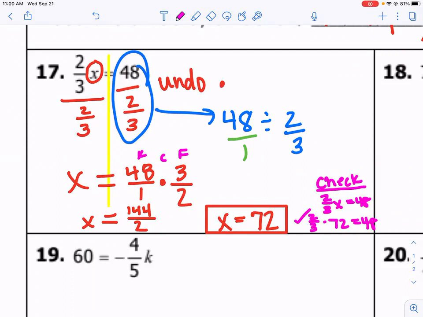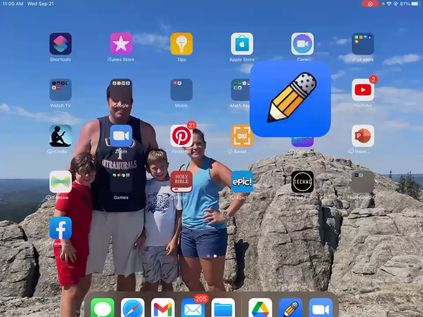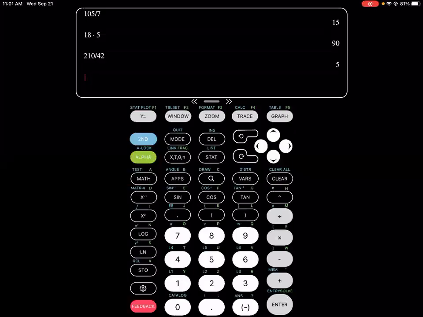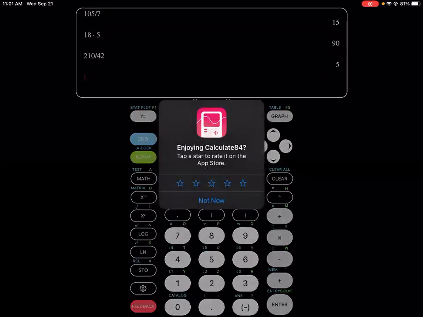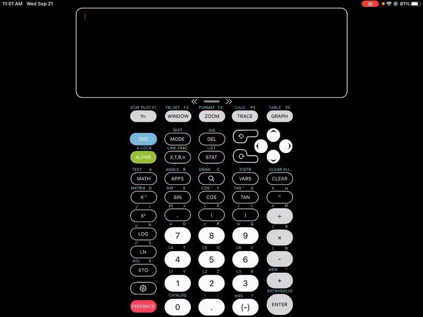So this is what I would do when you're checking. Look up here. When you did 2/3, do you get something like this? Leave it in your calculator and then multiply by 72.